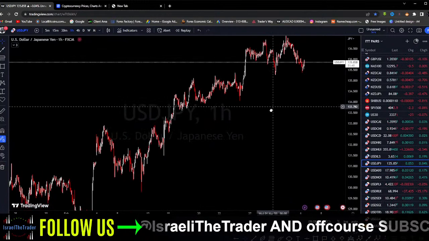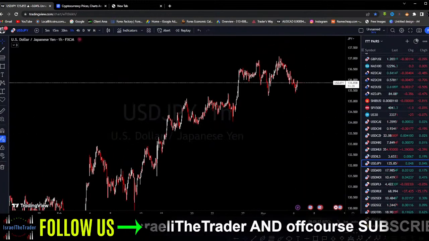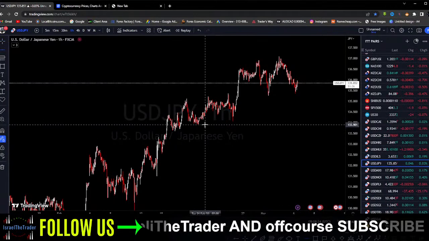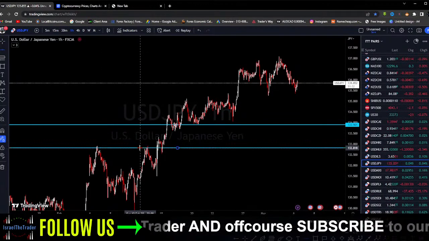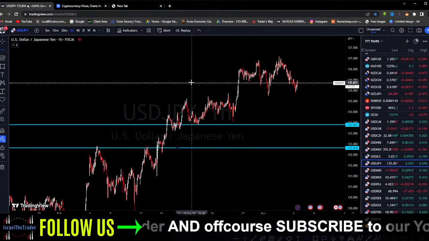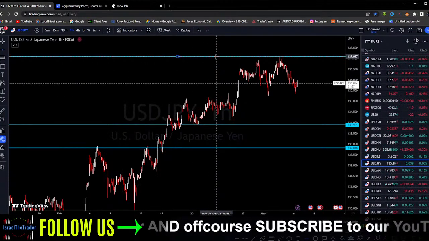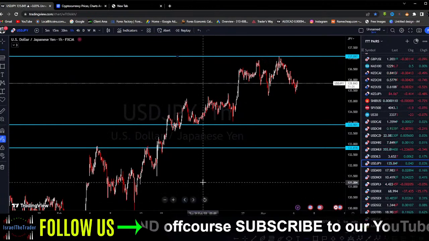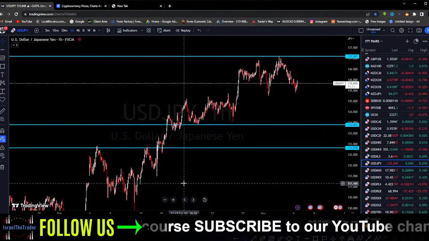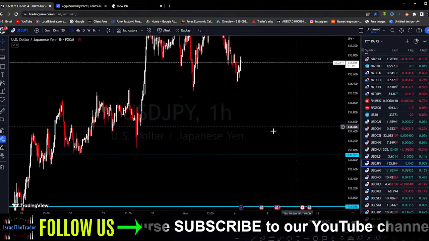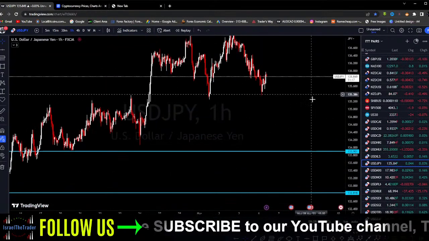On this USD JPY, I'm seeing a lot of structures that we might consider as our key levels to target. All right, so let's just mark it out like this, and focus on this level, focusing here.